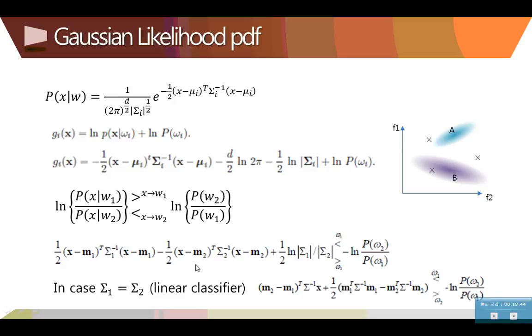One thing you need to notice in this equation is that in terms of the measurement x, which is the unknown here that we need to measure, it's a polynomial, meaning that it can be quadratic. The decision boundary is quadratic, it's not linear anymore. But if we assume that the two distributions have the same sigma, in that case it will truncate to be a linear equation. So this is an important rule here.